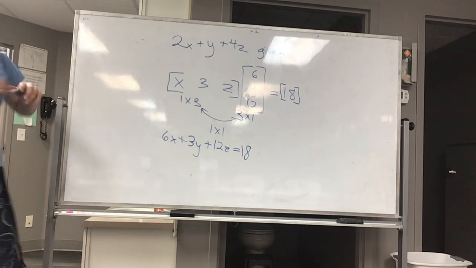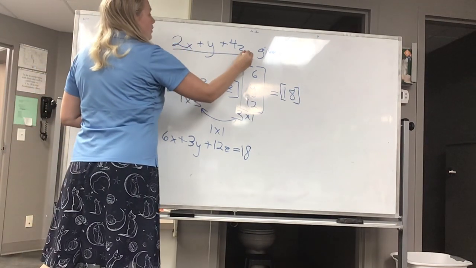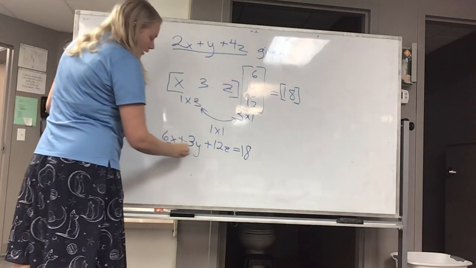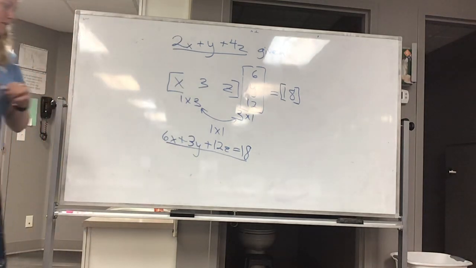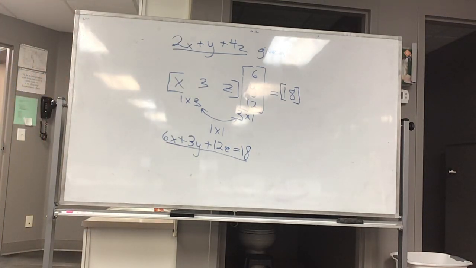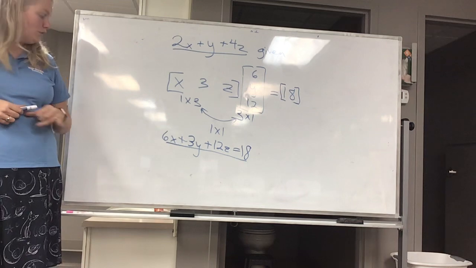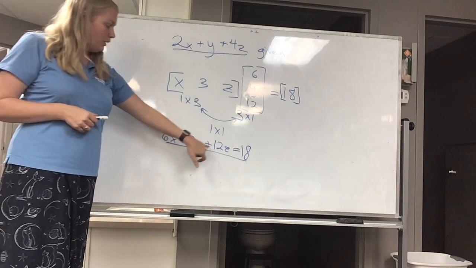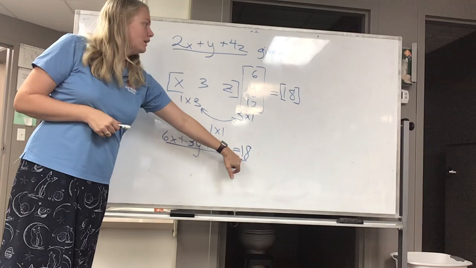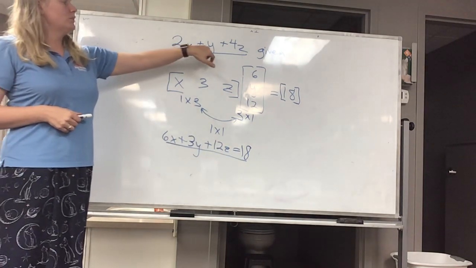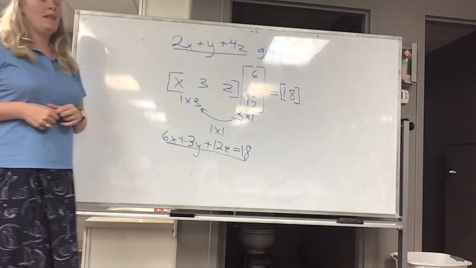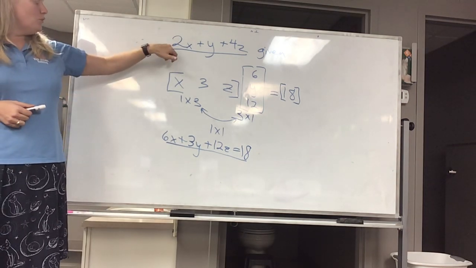So, they're asking for this if we have this. Again, this is them being delighted with their own cleverness. It's not hard, but it can look a little tricky. So we have 6x plus 3y plus 12z equals 18. We want 2x plus y plus 4z. How does a 2 compare to 6?